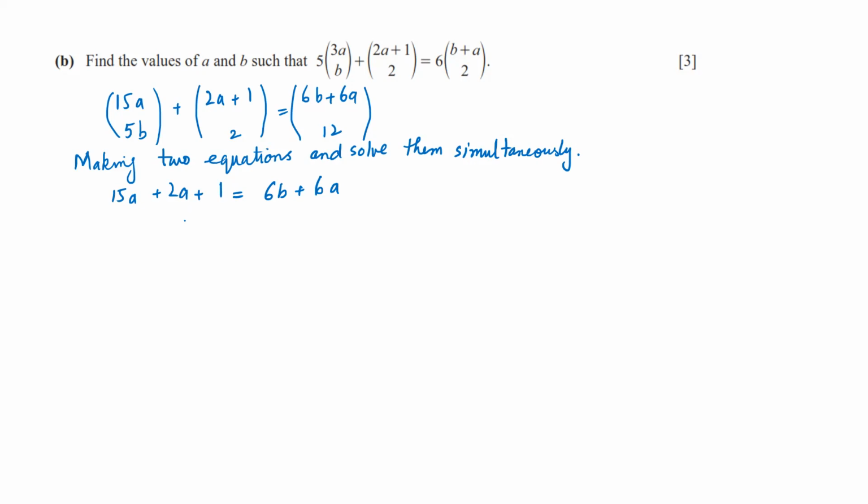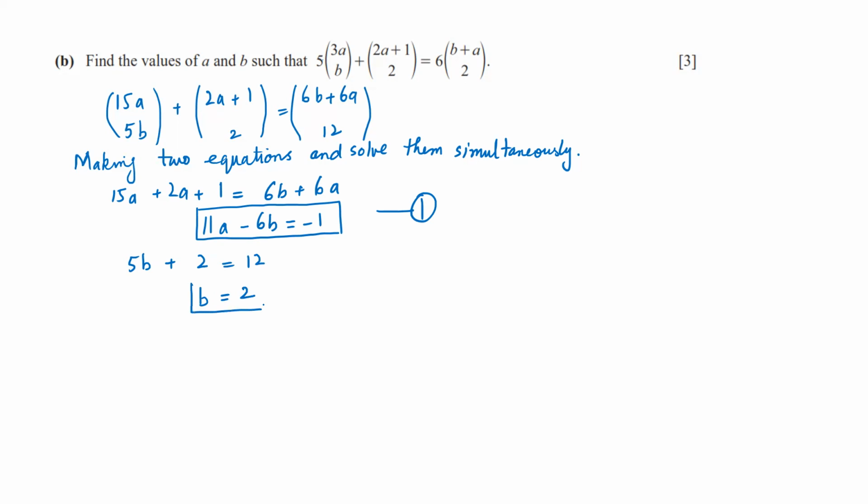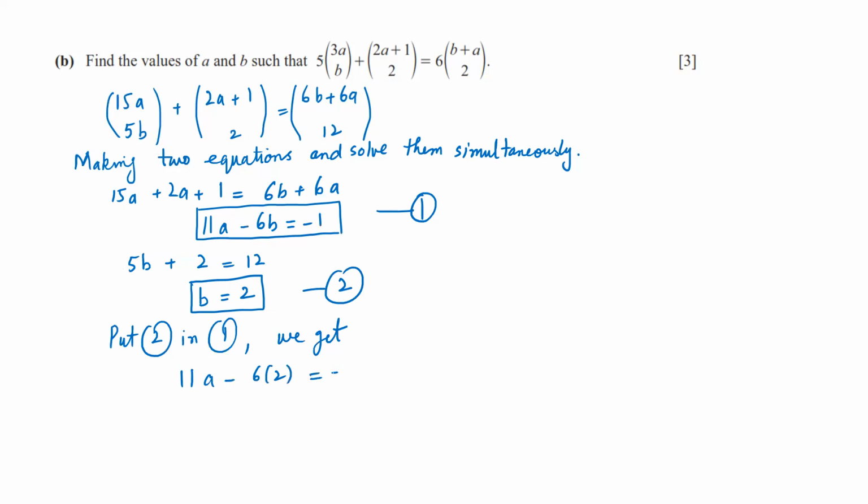Simplify it, and I get 11a minus 6b equals minus 1. This is my first equation. The second equation is 5b plus 2 equals 12. This gives me b equal to 2. Put 2 in the first equation: 11a minus 6 into 2 equals minus 1.